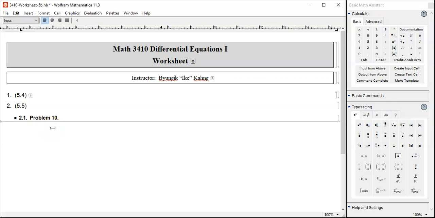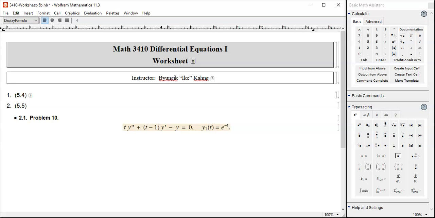And what's the problem here? ty double prime plus (t minus 1) y prime minus y equal to 0, and one of the solutions is e to the negative t power.